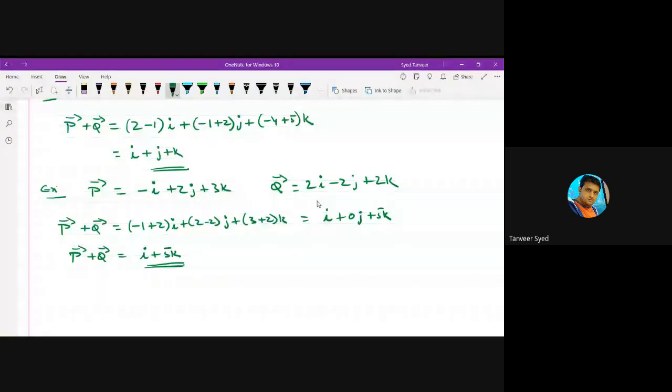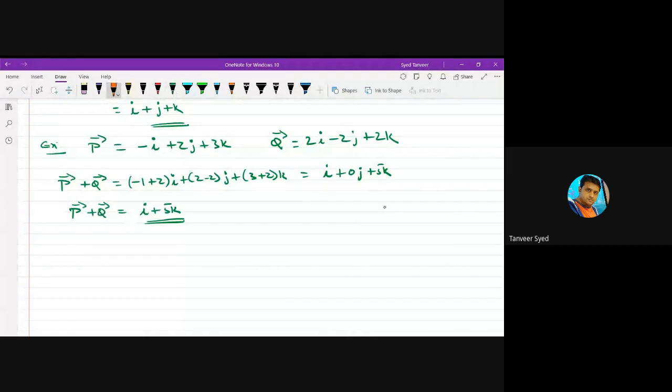Simple. There is nothing new here. The only thing that you should keep in mind is you should add only i to i, j to j, k to k. We cannot add i to j or j to k or k to i. That's all.